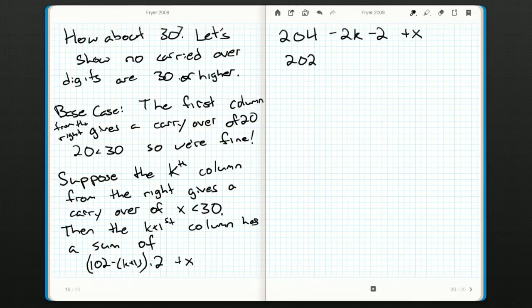So that's 202 minus 2k plus x. Well, k is positive. So that's less than 202 plus x, which is less than 202 plus 30, because x is less than 30.